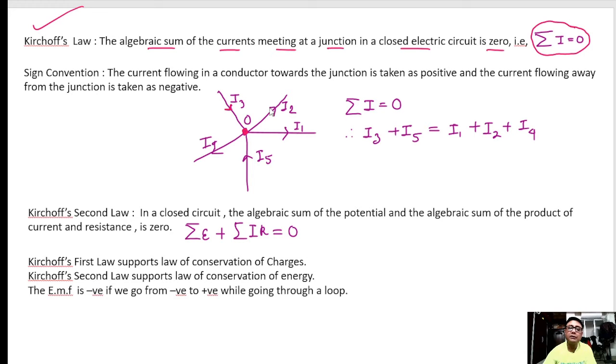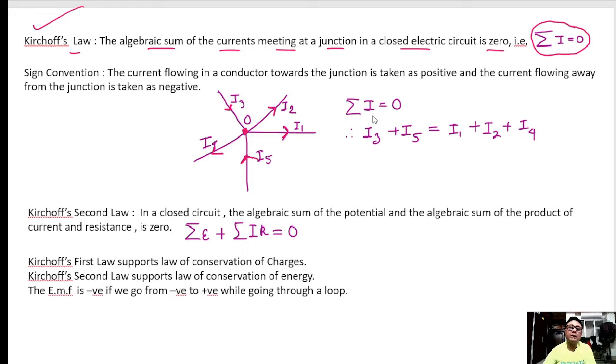There is a current going out, I2. There is a current going out, I1. Current going in, I5, and current going out, I4. So Kirchhoff's first law says that the sum of the currents at a junction should be 0.